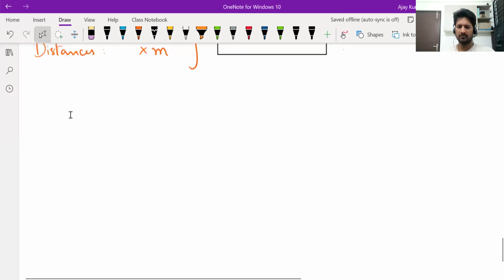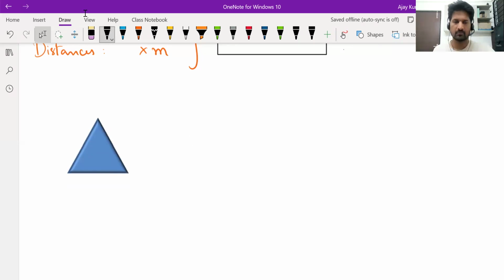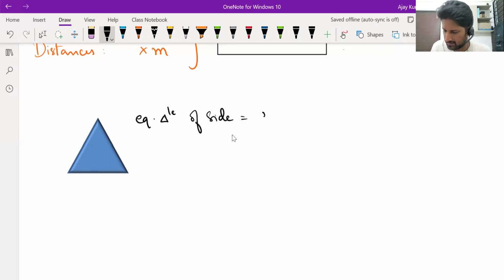Now think carefully. This is an interesting question. Suppose there is a triangular plate like this. Now it could have any mass. Let's say it is an equilateral triangle, I should mention that, of side a.